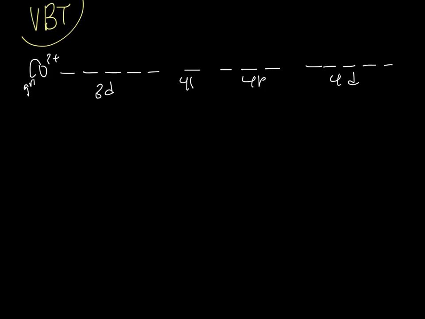Since it is cobalt 3+, we will have 6 d electrons. Now, before we hybridize, we have to create an excited state.